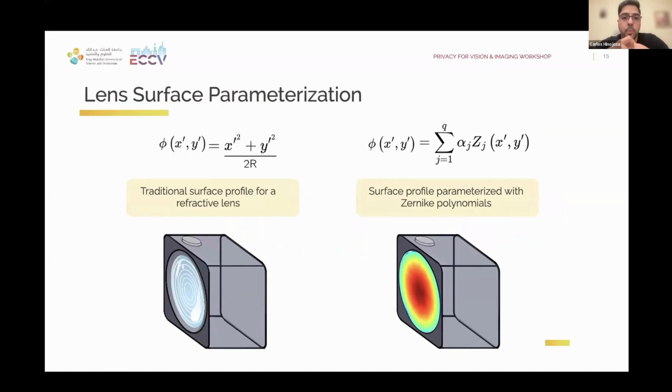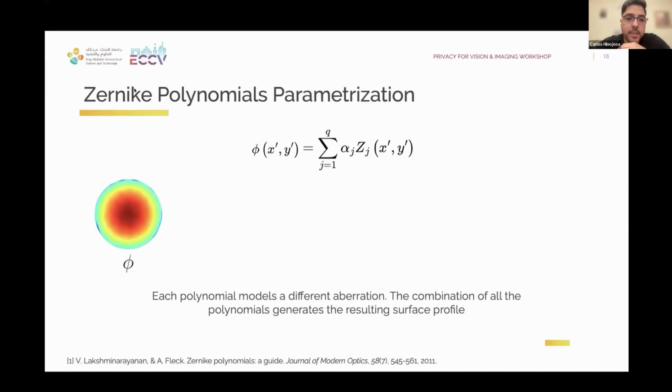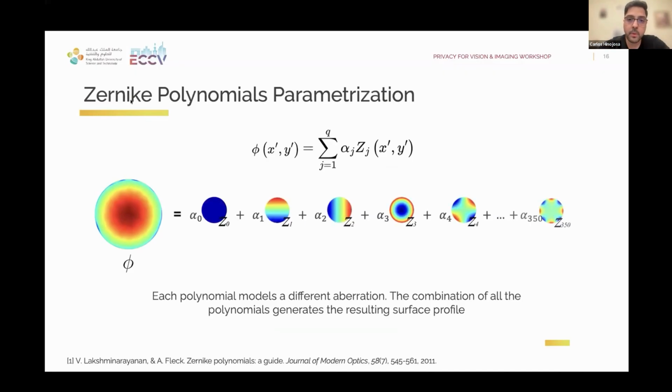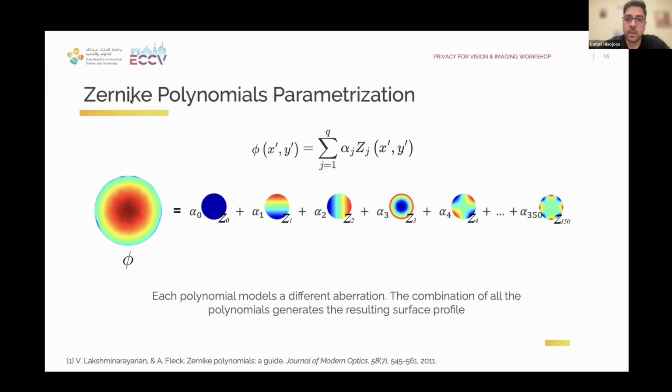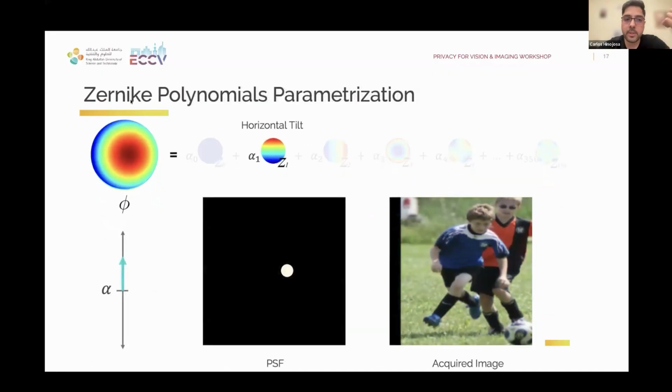On the other hand, we can parameterize this phase profile phi using Zernike polynomials. These Zernike polynomials represent wavefront aberrations, and the combination of these polynomials with different coefficients generates the surface profile. You may wonder, what is this wavefront aberration?